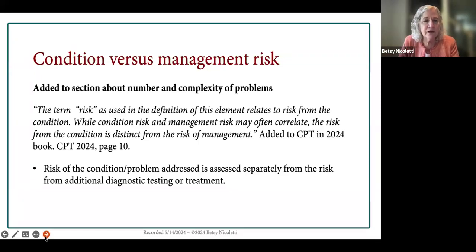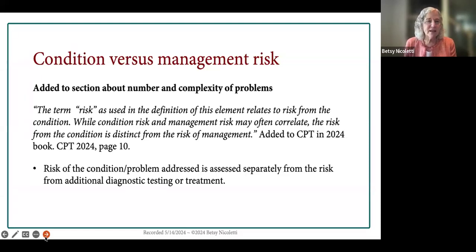So this year, in the section about the first element, the number and complexity of problems addressed, they added this statement. The term risk, as used in the definition of this element, relates to the risk from the condition. And then they go on to say that while the risk from the condition and management risk may correlate, the risk from the condition is distinct from the risk of management.